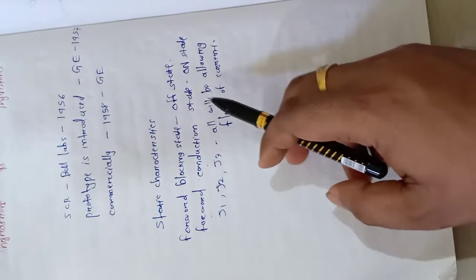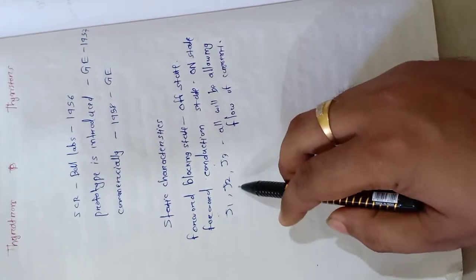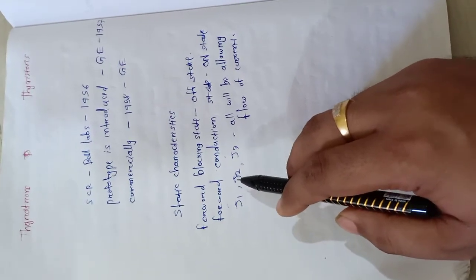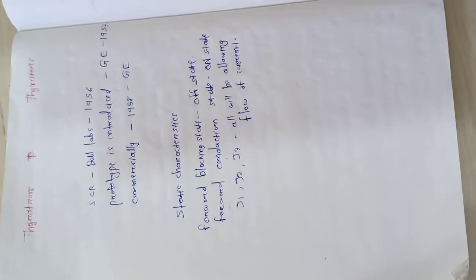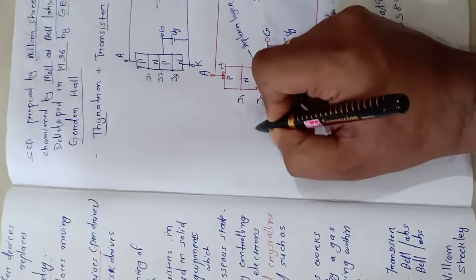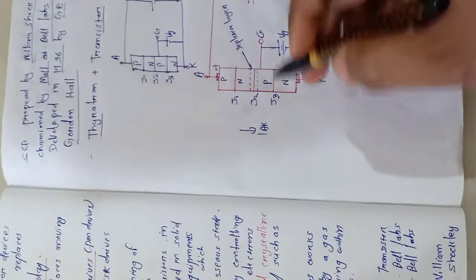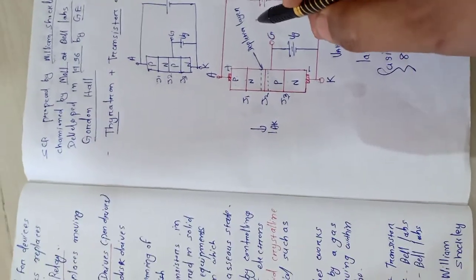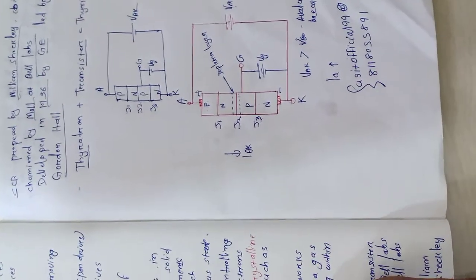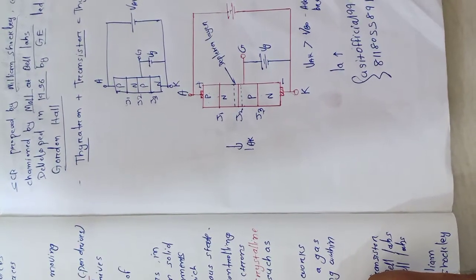That means the depletion layer of the J2 junction will break down and this J2 junction will be conducting in nature. So we will have a current called anode to cathode current or IAK that will flow in the circuit in forward conduction state. So forward conduction state is called the on state of the SCR.